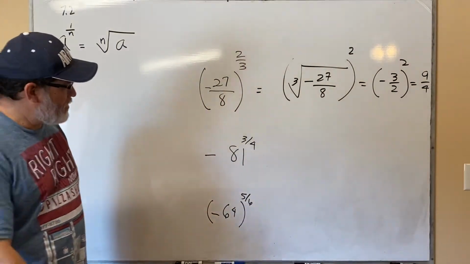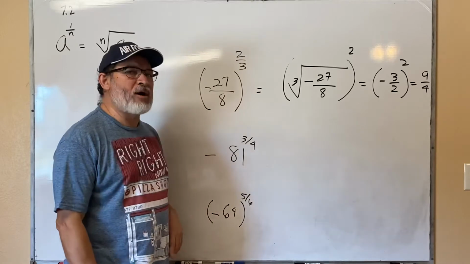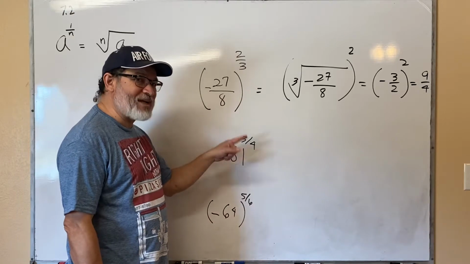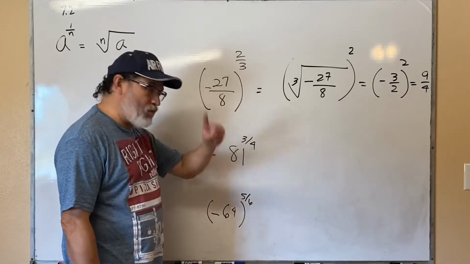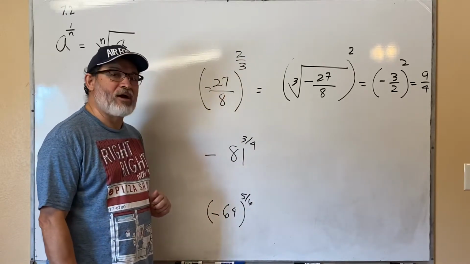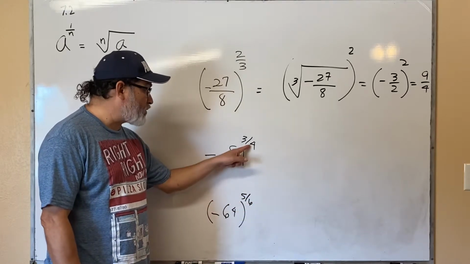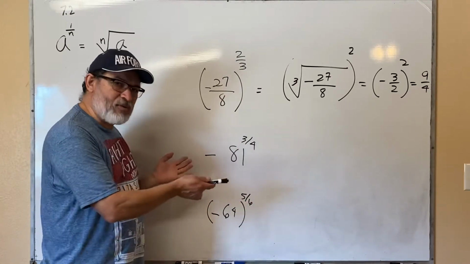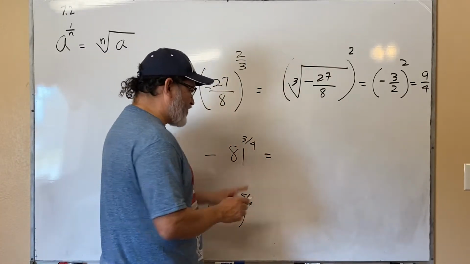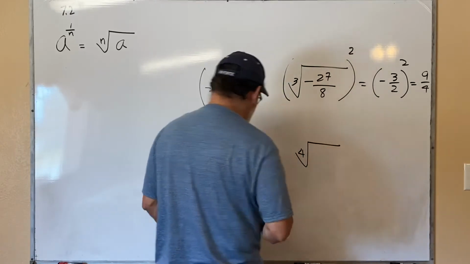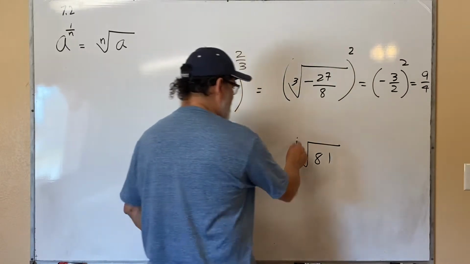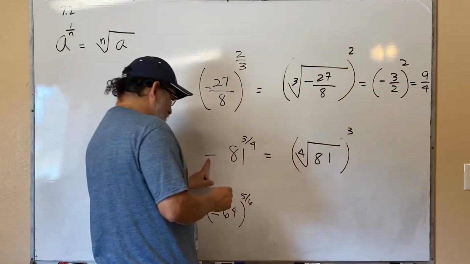You see this 3/4 in the power? This 3/4 is applied to 81. This 3/4 as a power is not applied to this negative. Whereas this 5/6 is applied to this negative 64, because it is within parentheses. This one does not apply to the negative because it's not within parentheses. So watch this. I'm going to take the 4th root of 81, raise it to the 3rd power, and then the negative.